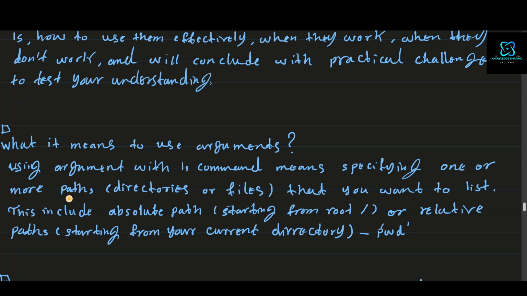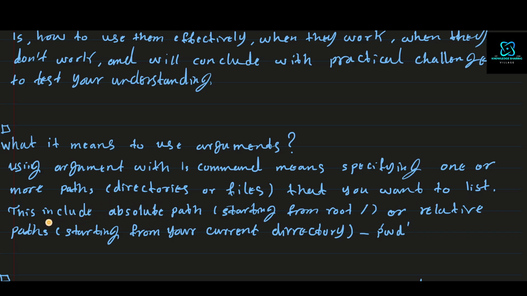One or more, that is the key, because you can't pass two arguments at the same time. This path can lead to directories or files that you want to list. Using argument with ls command means specifying one or more paths that you want to list the content of.